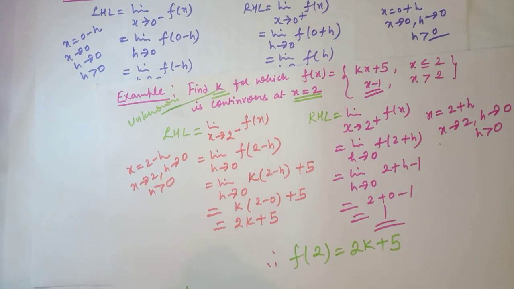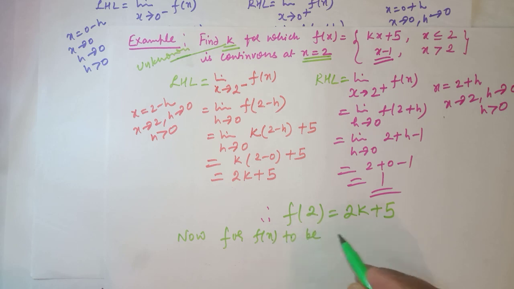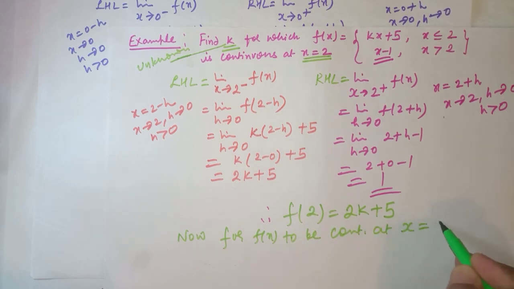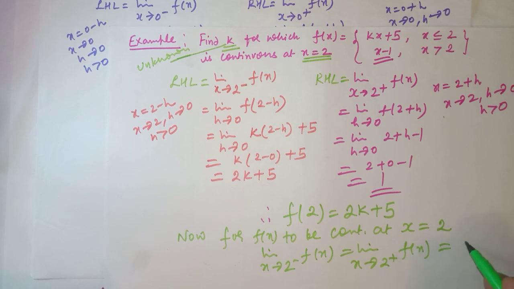Now for f(x) to be continuous at x is equal to 2, limit x tends to 2 minus of f(x) must be equal to limit x tends to 2 plus of f(x) must be equal to f of 2.